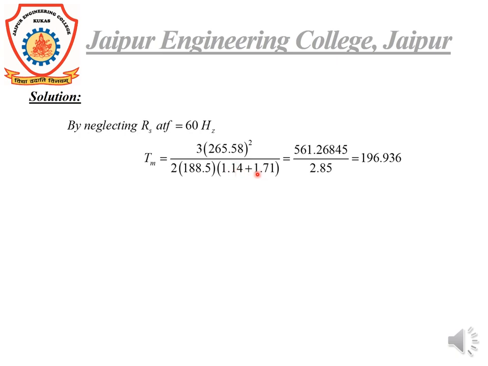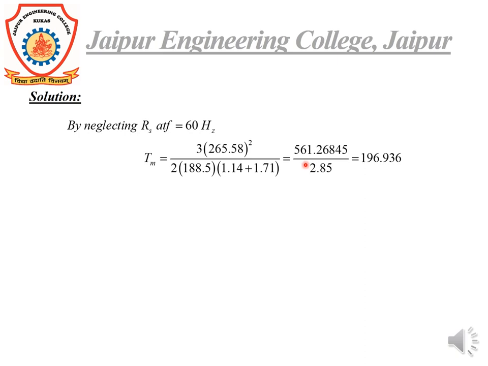We have just placed the values. This is the value of omega ms for 60 hertz, and this is the voltage. On squaring this and multiplying with 3, we will get 561.26845. No need to calculate such a long number of points after the decimal. You can also take it to 2 decimals only.